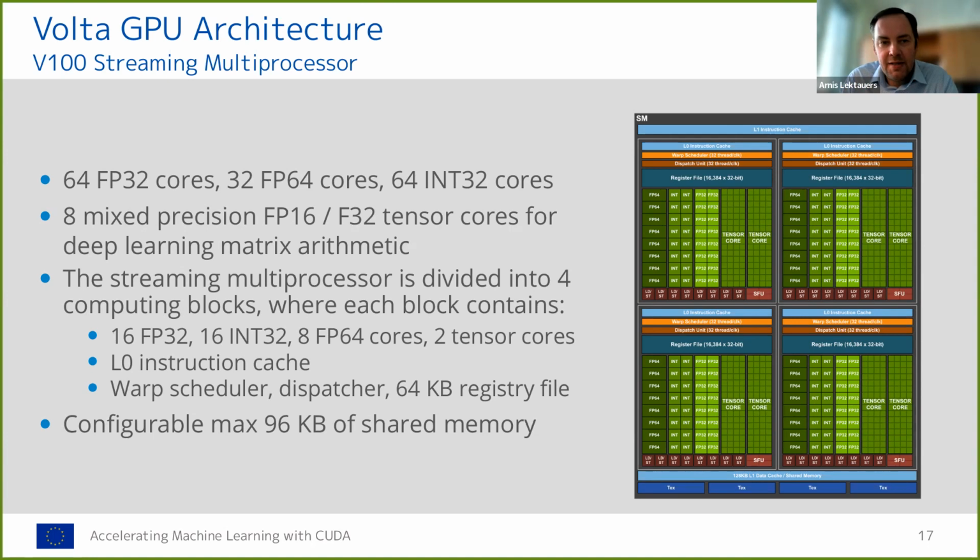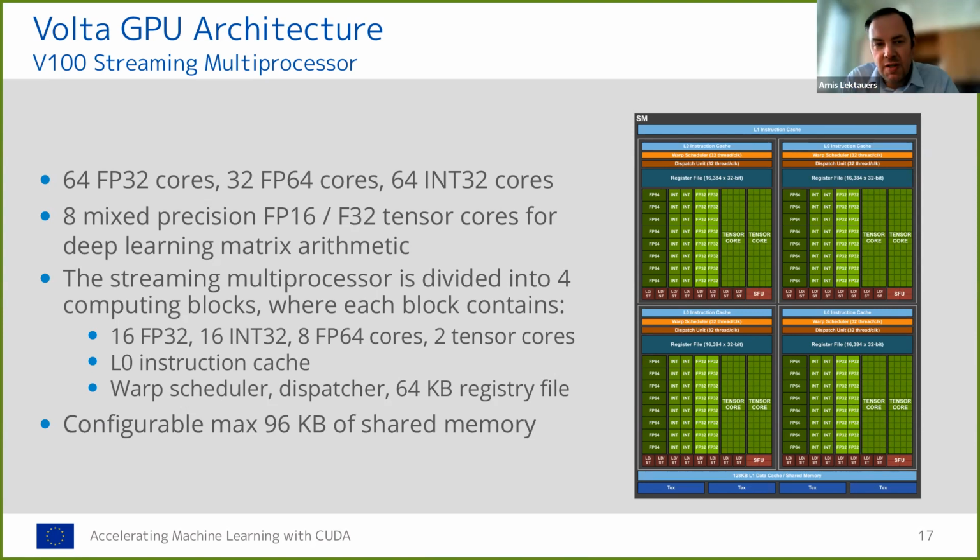As well, Volta provides support for mixed precision floating point numbers, which is very important for deep learning tasks. For example, half precision and similar. Any other formats are supported there too.